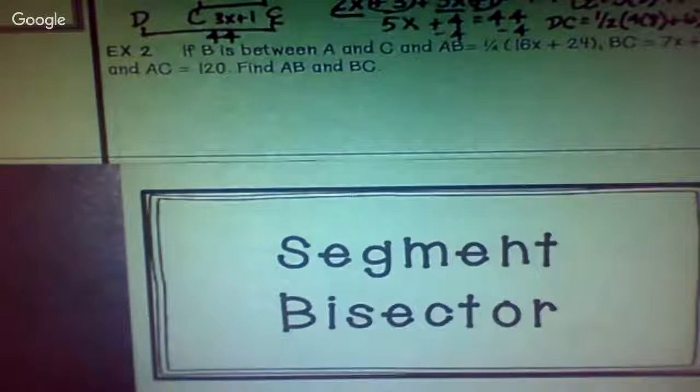No. Example number 2. Okay, again, start with what it tells you and draw yourself a picture. B is between A and C. So draw yourself a picture with A and C and put B in the middle.